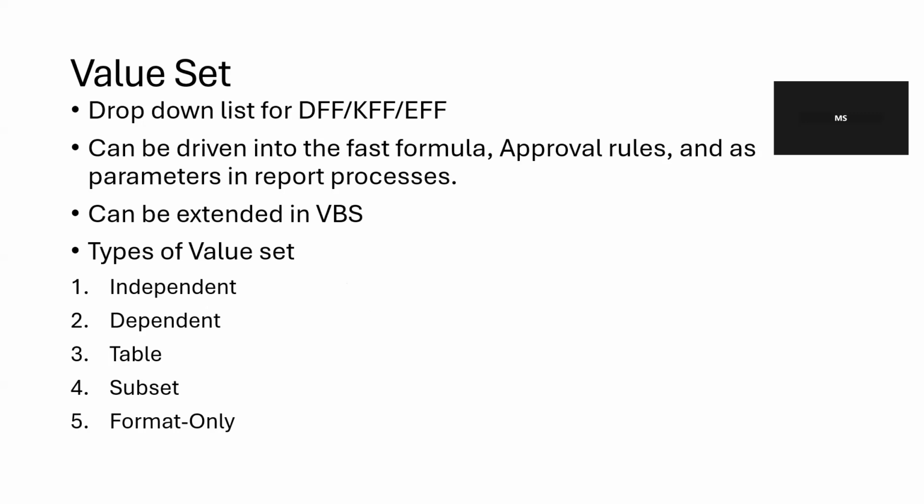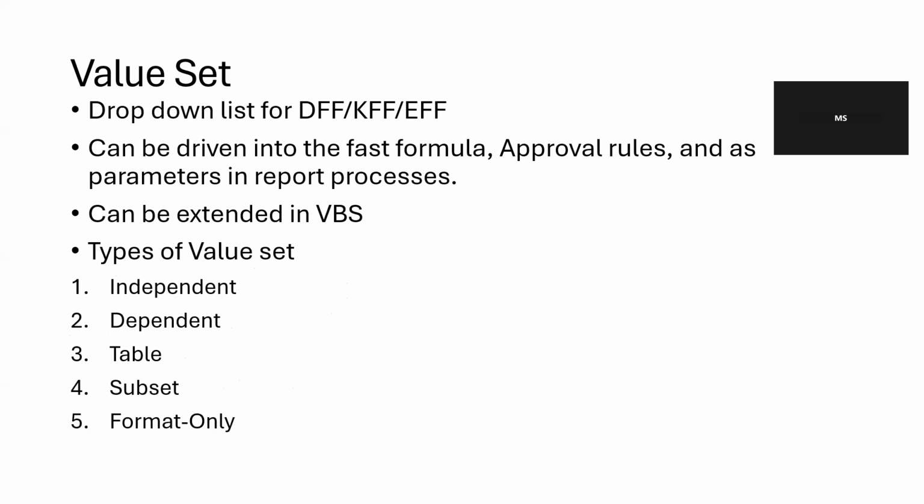In the value set, we have multiple types: independent, dependent, table, subset, and format only. Let's try to understand the different types, and once that is done, let's create one of the types. Majorly, we make use of the independent value set or the table value set. An independent value set means it is independent of any other fields.